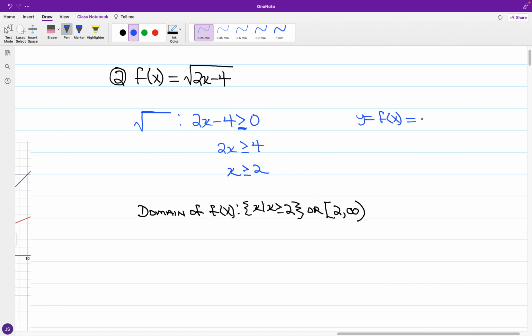Okay, so now y is equal to f of x is equal to the square root of 2x minus 4. And again, we have the principal square root rule. So an even root radical term cannot reduce to a constant that is negative.